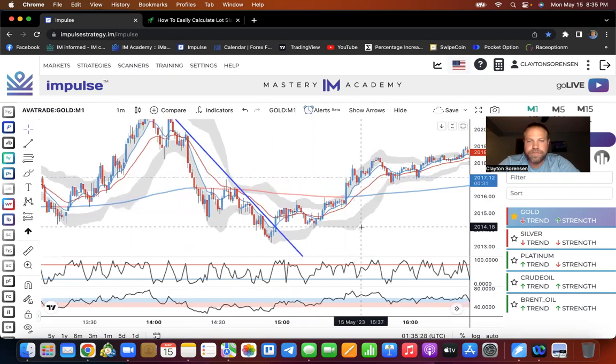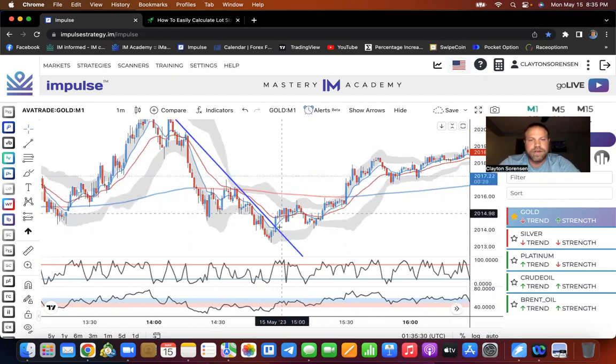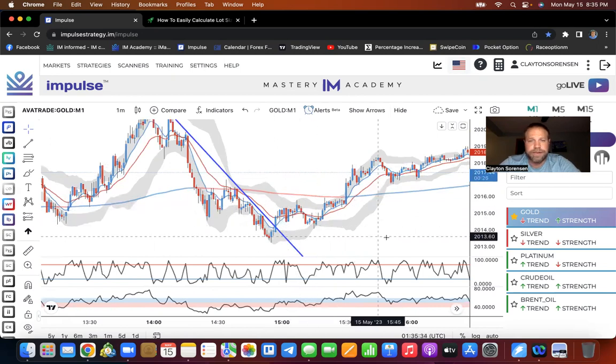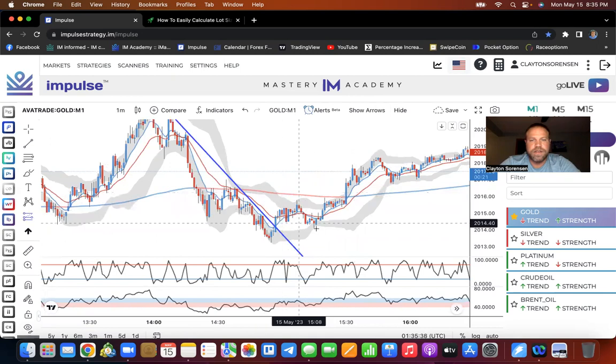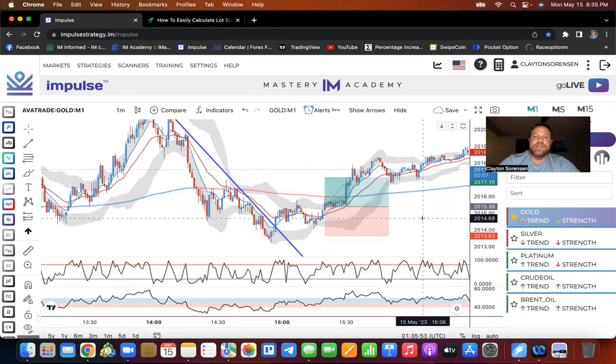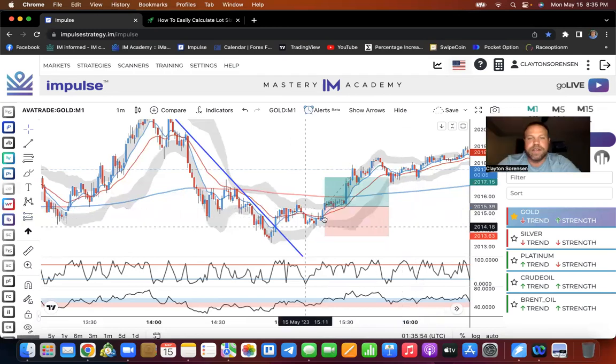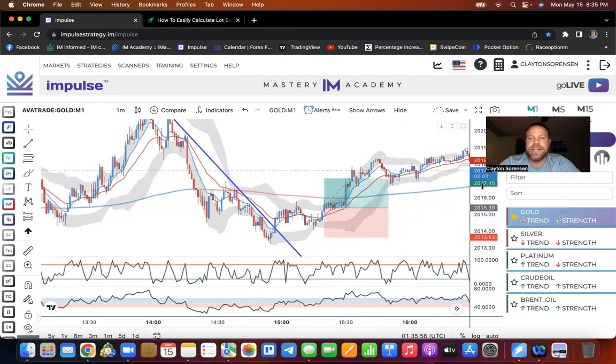Say we got into a trade when our line cross came back down and this thing crossed up. I'm a little click happy at times when this happens. So say we got into the market there, we had a blue line crossover, and now we're finding a stop loss.